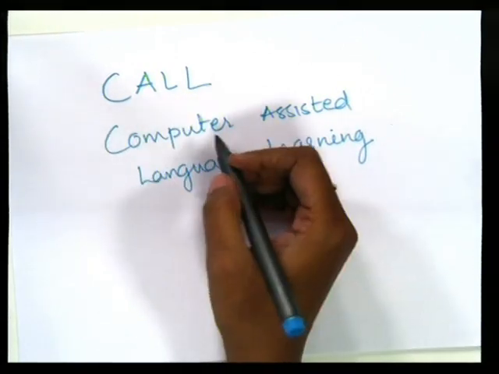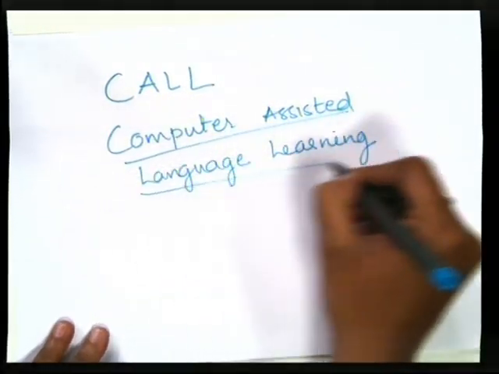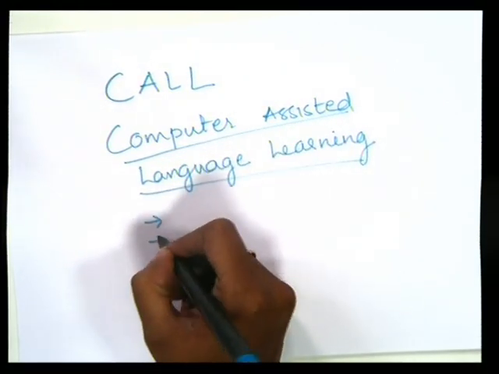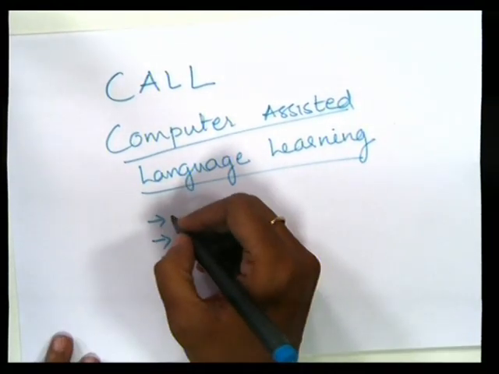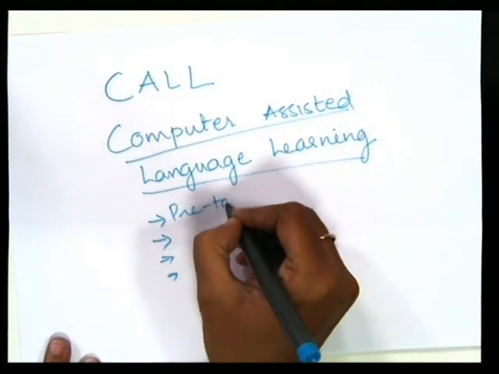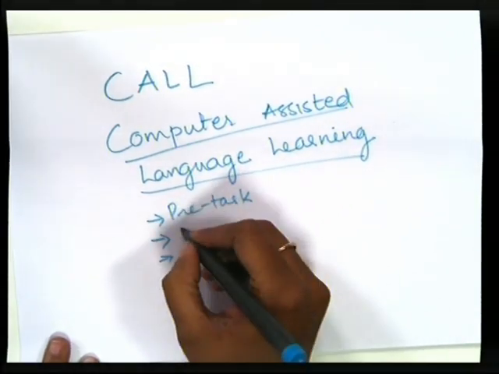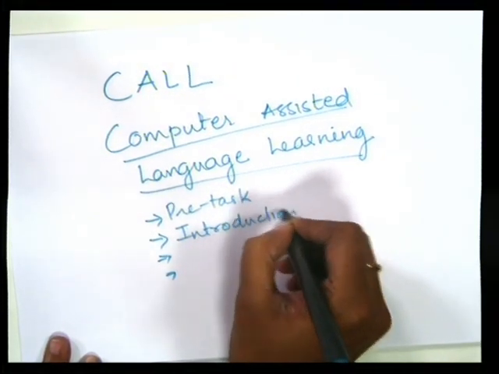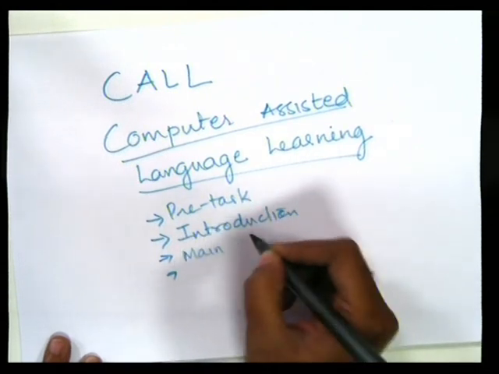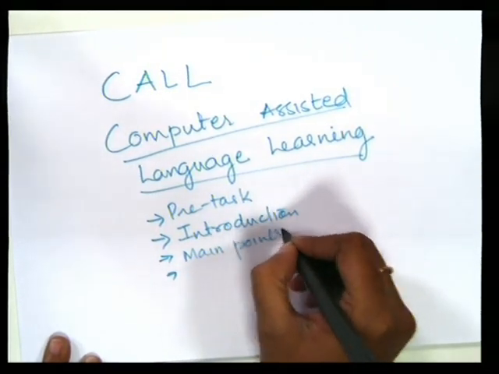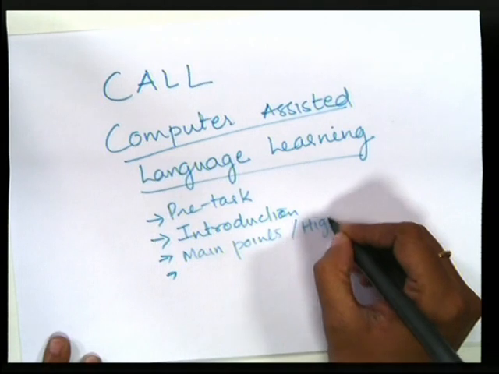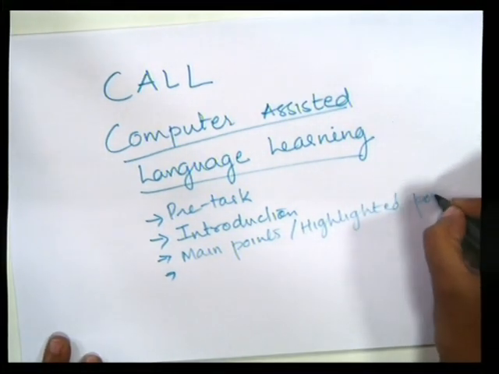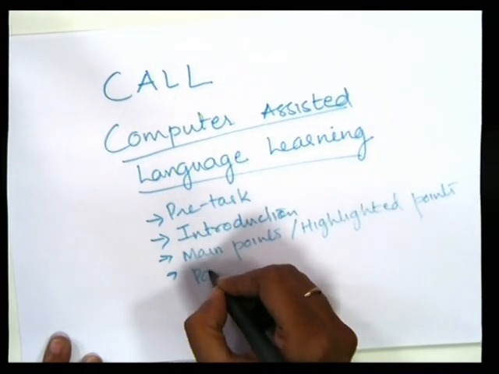This is also one type of information technology, computer assisted language learning, where you can have the entire topic divided into various parts like the pre-task, then the introduction, main points, or it can be highlighted points, and post task.